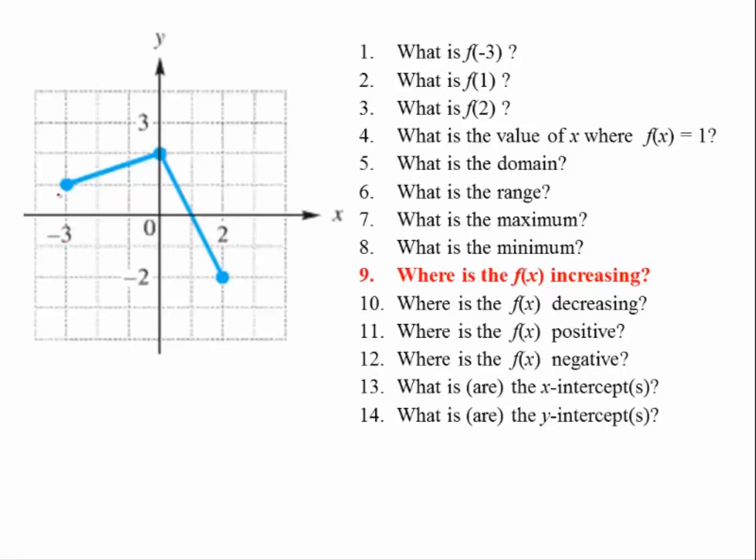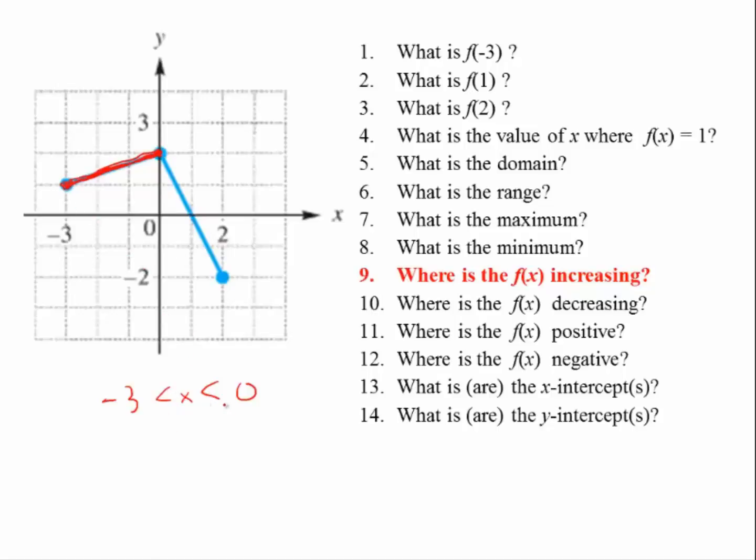If we start with our endpoint, negative 3, from negative 3 all the way to this point, this has a positive slope. When you have a positive slope, you are increasing. So negative 3 to 0, all x values will give us an increasing function.